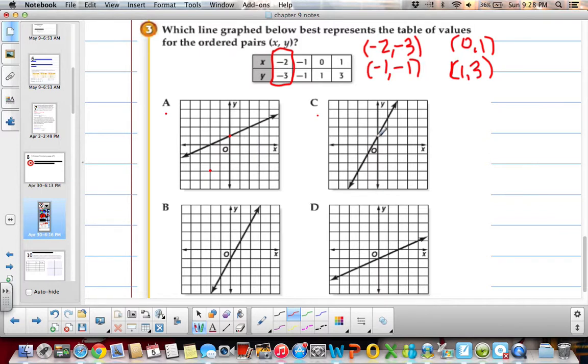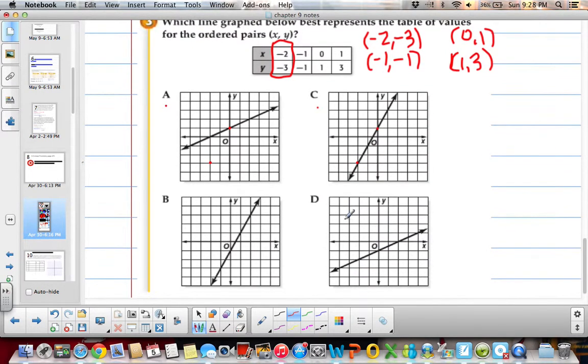And then we have 0, 1, we already checked that one, negative 2, 1, 2, 3, negative 3 is right there. Okay, and then we don't even need to check these because we already know that 0, 1 isn't on here. And we can see that we have negative 2, negative 3 right here. And then we have negative 2, negative 2. So this one is just totally out, not even close.